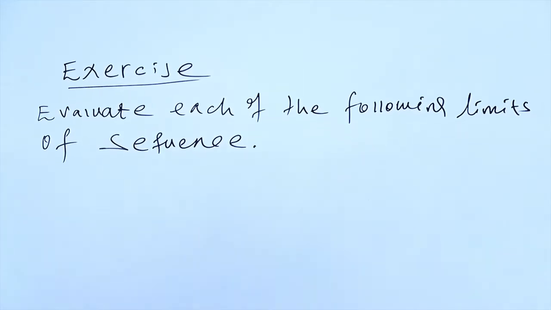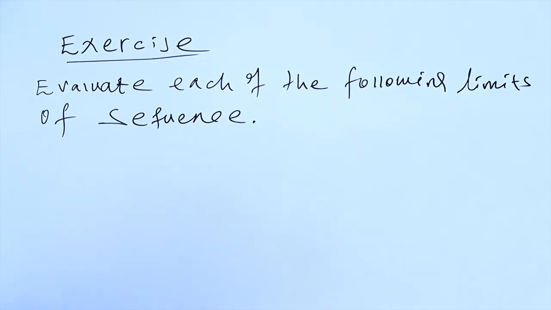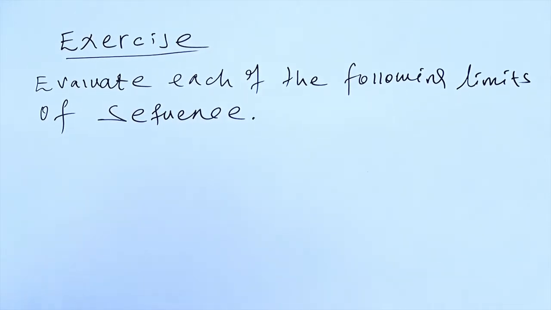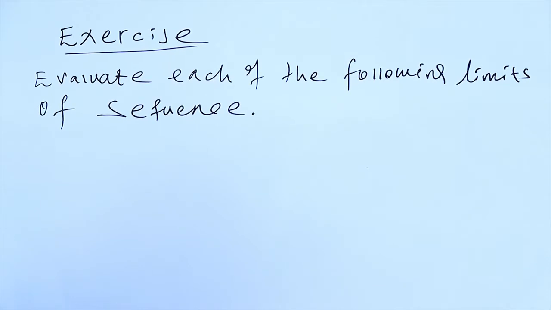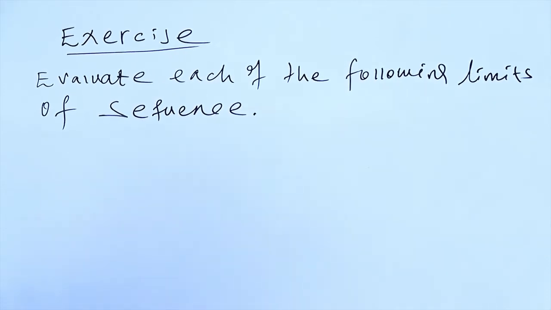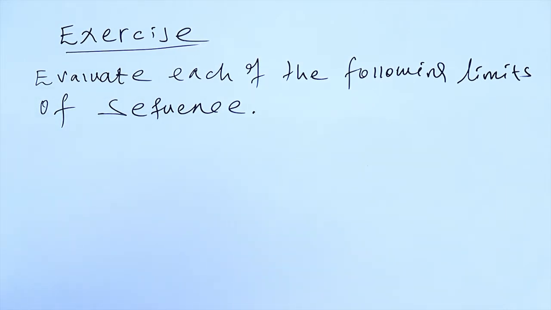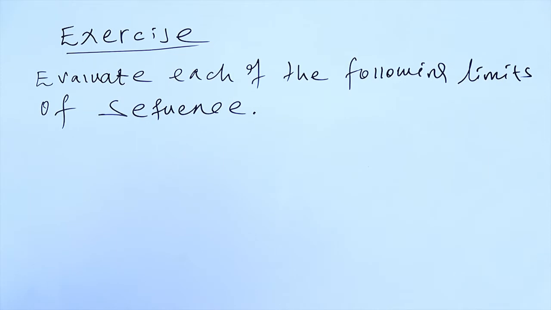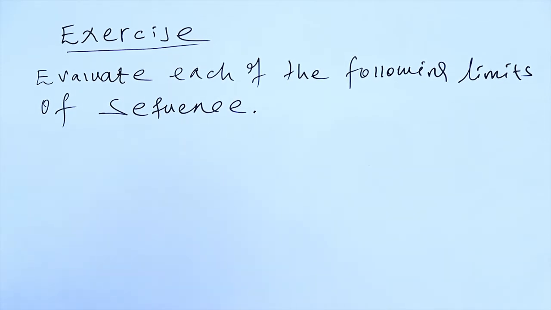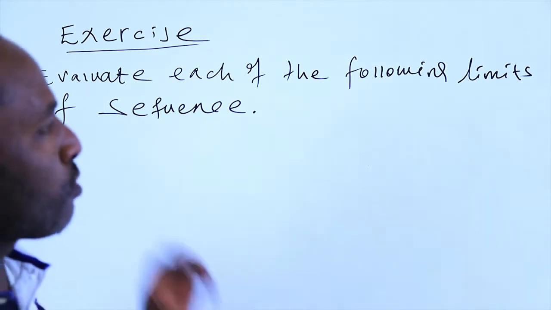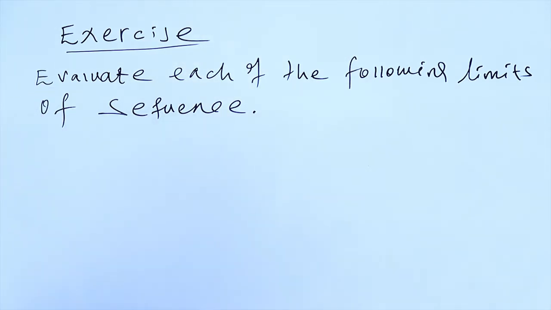Before this, in the previous class we have seen the properties of limits of sequences, when two sequences are said to be convergent. Say, for example, the limit of the sequence an as n approaches infinity equals L, and the limit of another sequence bn as n approaches infinity equals a certain real number m.